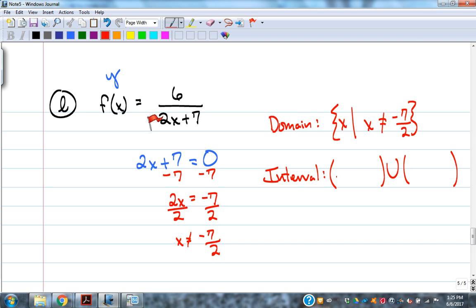From negative infinity up to the number we're leaving out, negative 7 over 2, union the number we're leaving out up to positive infinity. That's what it's going to be every time with this, that x in the denominator.